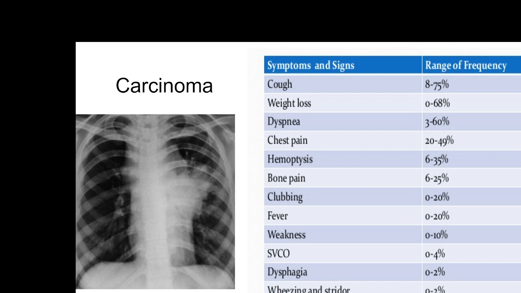In the majority of patients with lung carcinoma, the clinical presentation is quite atypical.